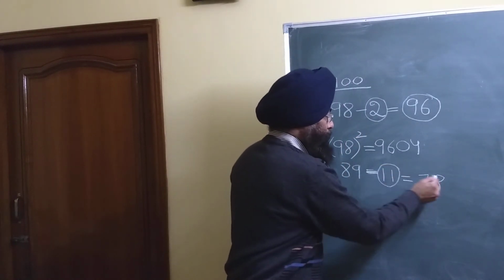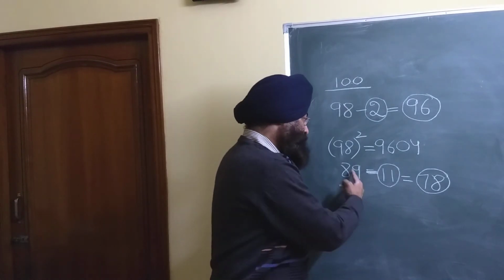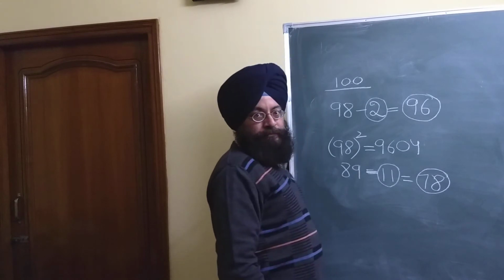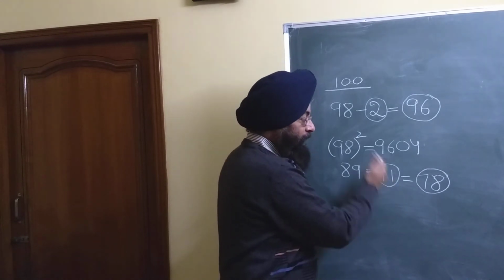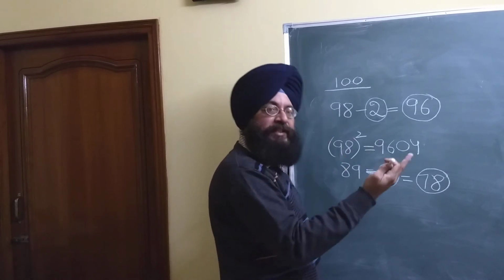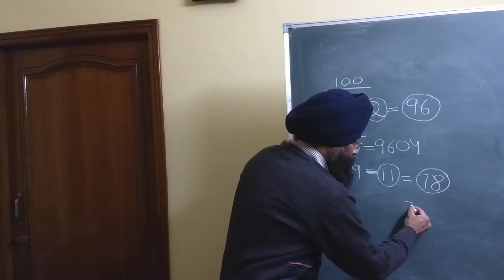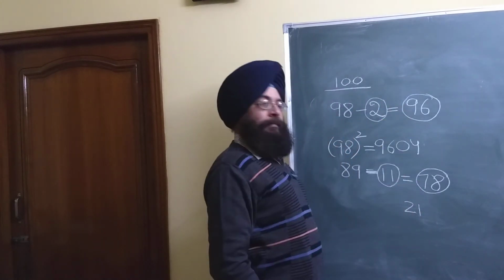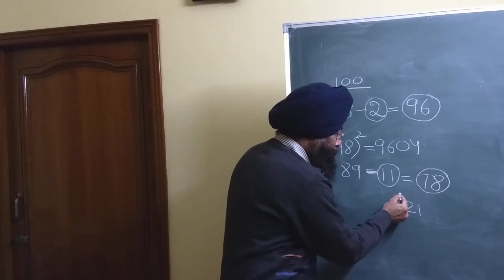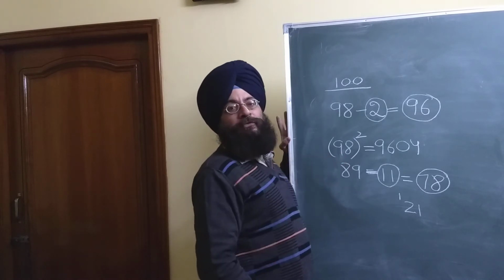Now these two numbers are very important for us for finding the square of 89. The last two digits will be given by the square of 11. You can see the square of 11 is a 3-digit number, that is 121. So we will take this 21 as the last two digits, and the remaining number, that is 1, we will take as a carry for the first two numbers.